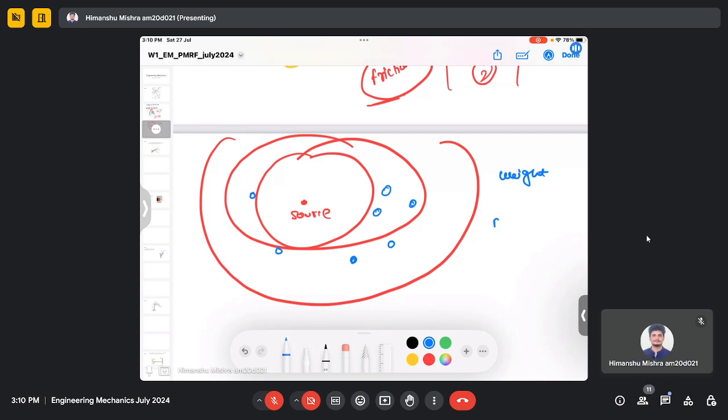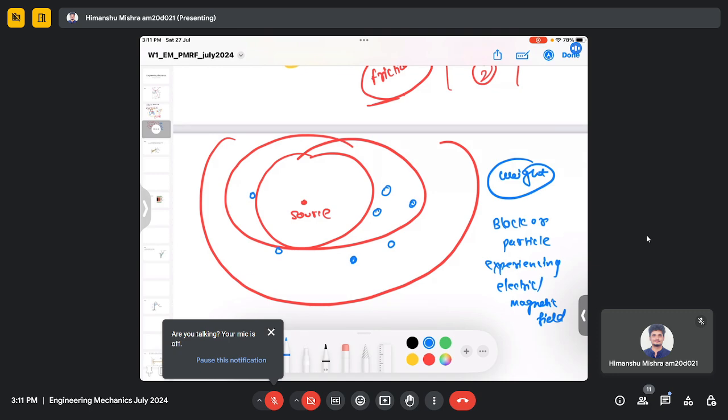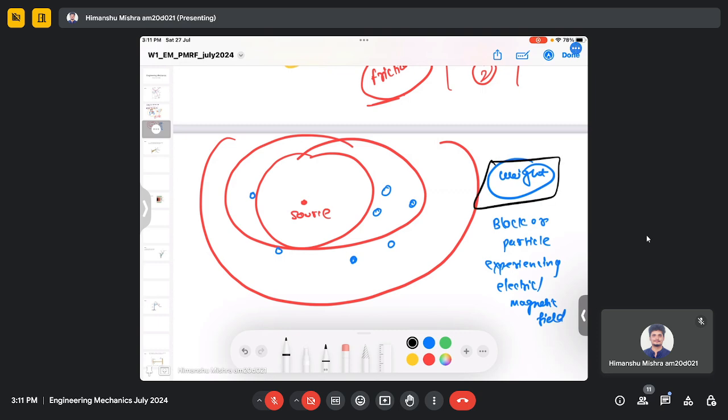Or a block or a particle which is experiencing an electric or magnetic field. So weight is there because the body experiences the gravitational field, and the particle can experience force due to electric and magnetic fields as well. So these are examples of the body forces. And in this course, we will be mostly talking about the body force due to gravity.